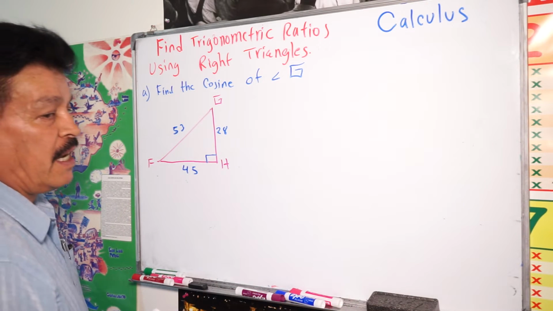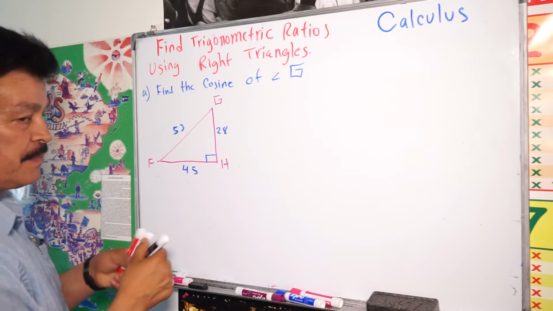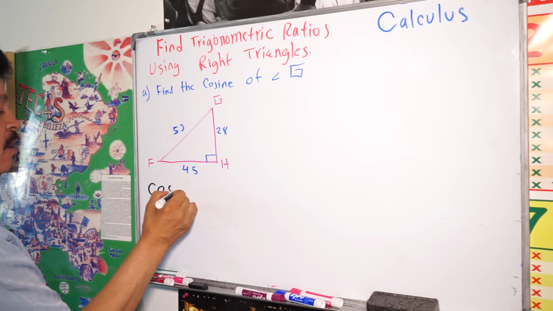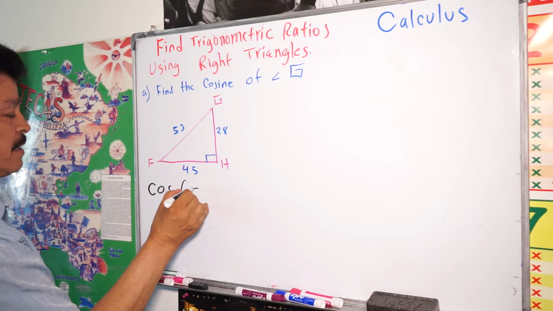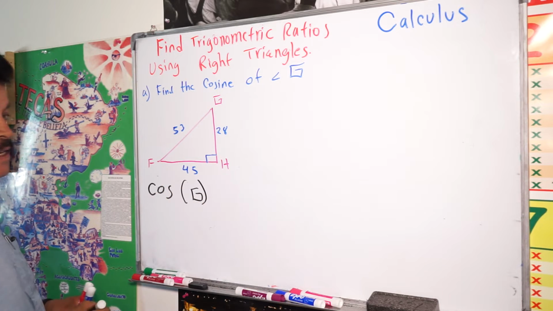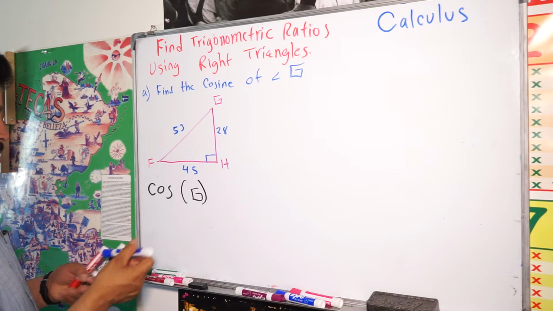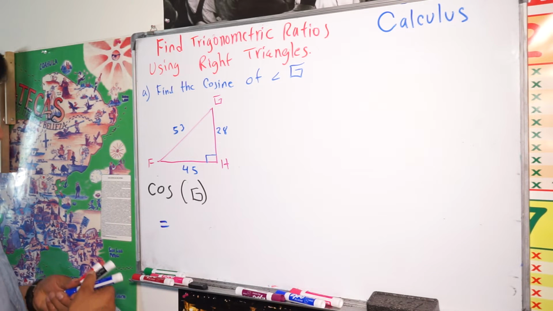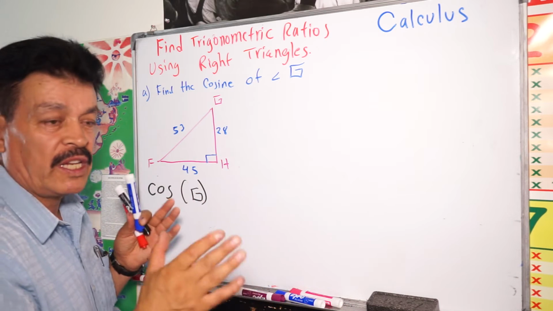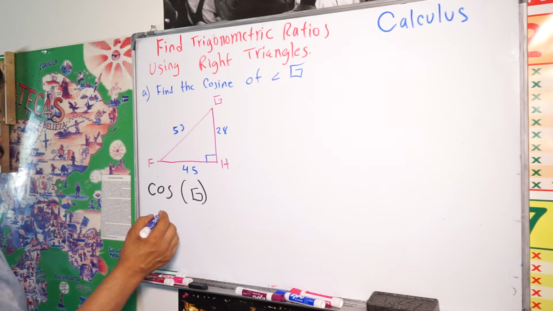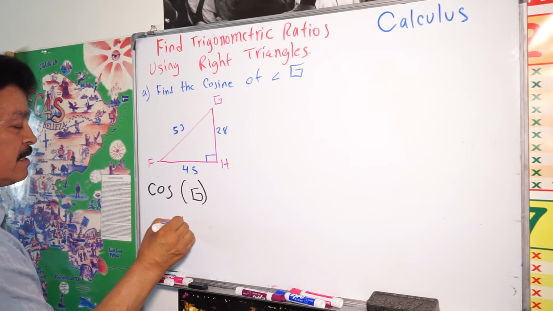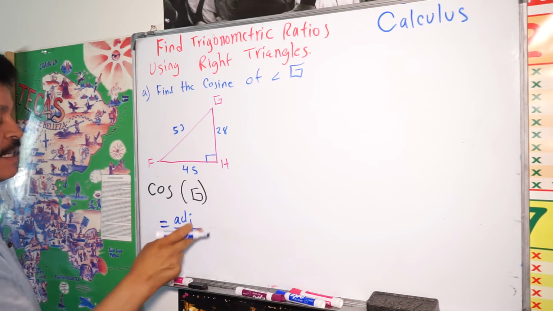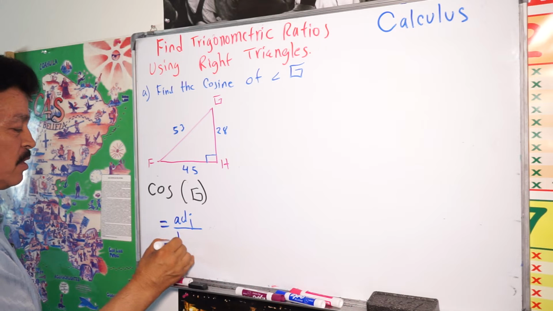First thing, we have cos of G equals. First of all, we need to write the formula. The formula is adjacent cathetus over hypotenuse.